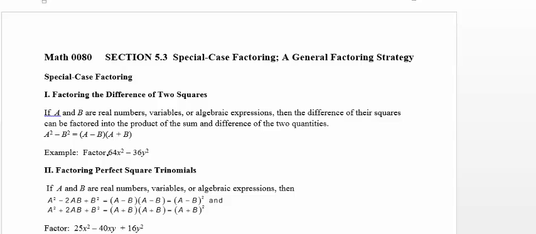So let's apply this to factoring 64x squared minus 36y squared. Now what I always want to do first in any factoring situation is look and see if there's a GCF. It turns out the greatest common factor of 64x squared and 36y squared is 4.